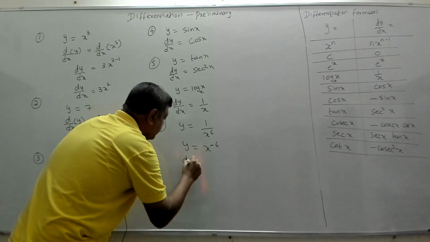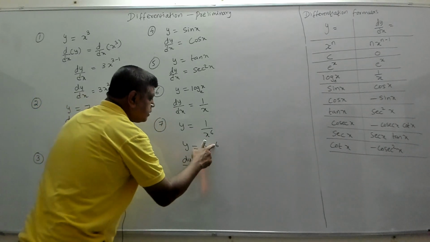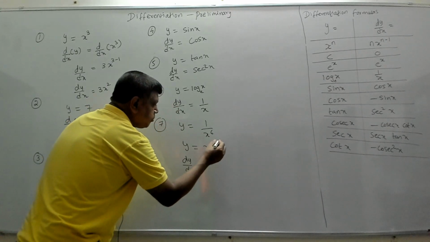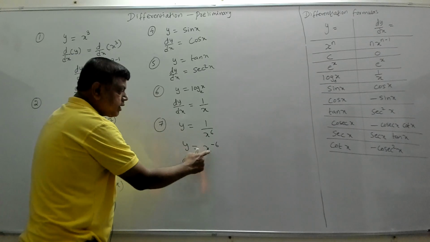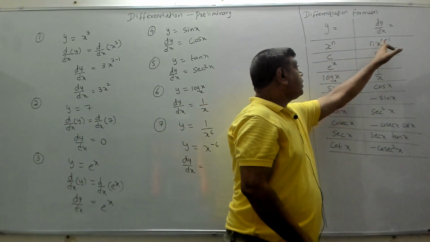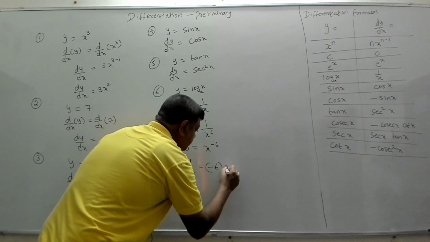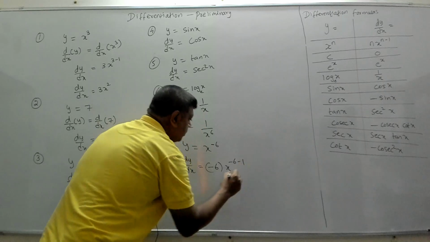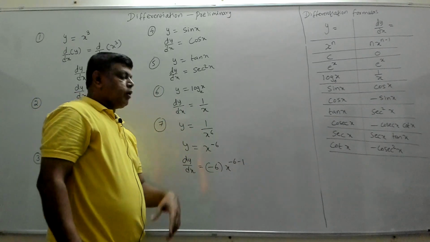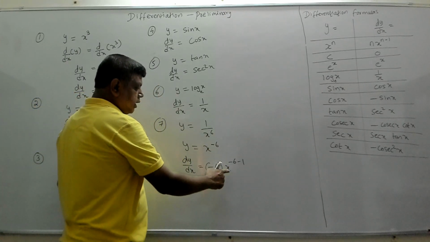That is, dy by dx is equal to the differentiation of x power minus 6. This is like x power n, where n is minus 6. The formula for x power n is n x power n minus 1.